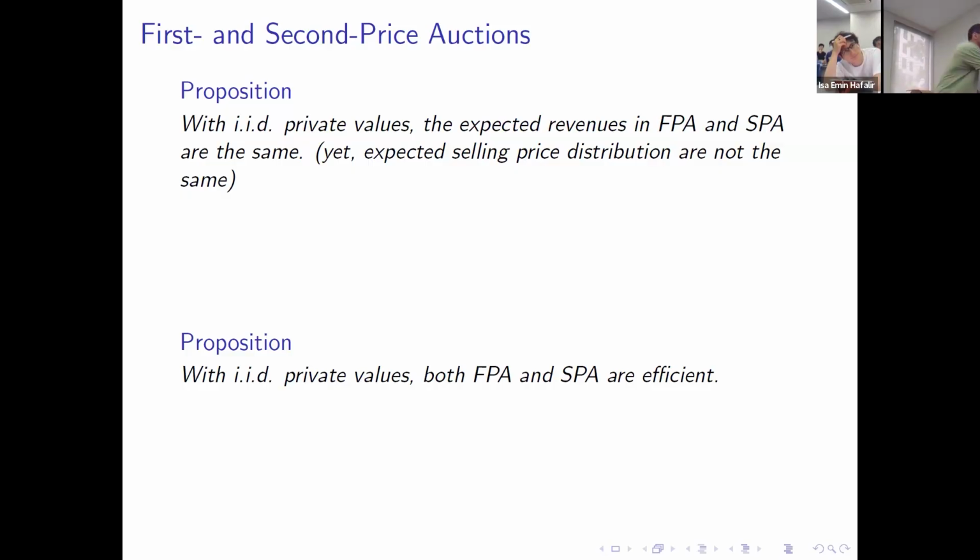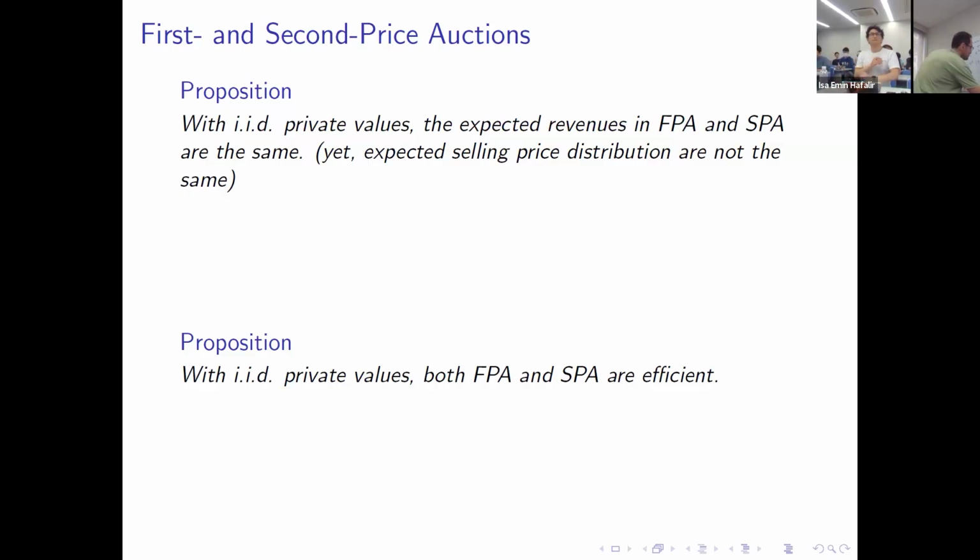It doesn't matter if it's weak or strict. And then the second highest of n becomes the highest of n. But now this is nothing but, remember the beta of x in the first price auction of x was the expectation of the highest of n minus 1, given that this one is smaller than x.